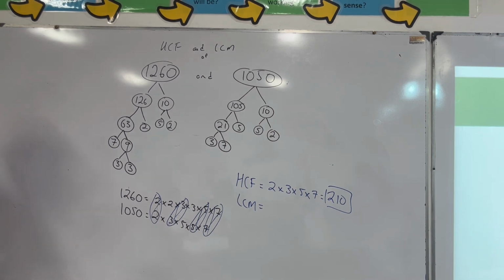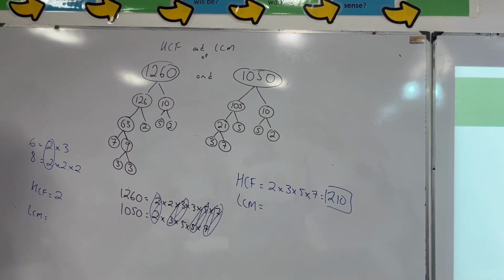I'll do a simple example, right? 6 and 8. If I did the product of its prime factors, 2 times 3, 2 times 2 times 2. What's the highest common factor? 2. Well, we knew that. Okay, that's 2. What's the lowest common multiple of these two? Just in general, 6 and 8.